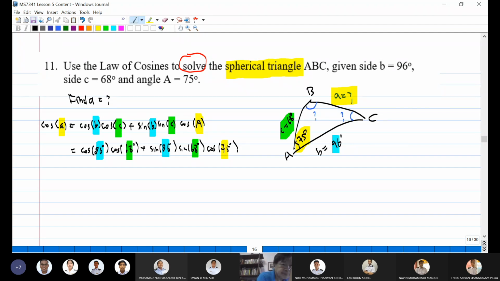So press the calculator. For this law of cosine, you take cosine 96 times cosine 68, plus sine 96 times sine 68, then times cosine 75.